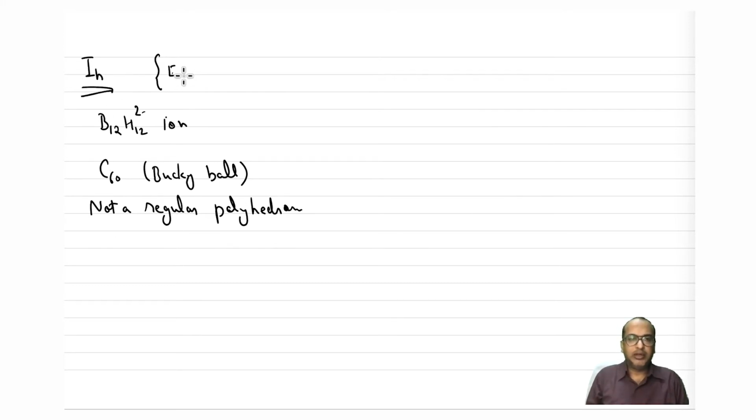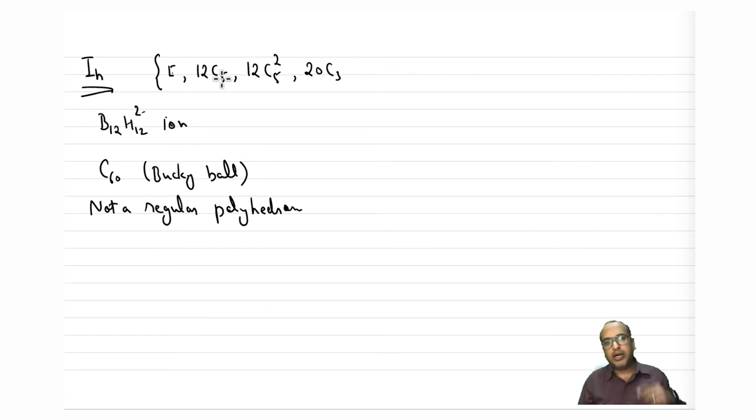So let's see the number of symmetry elements, which is actually very huge in this, the highest for a symmetry point group actually. 12 C5, 12 C5 squared, 20 C3. We'll come back to this later, why we can combine certain sets of operations into one number.